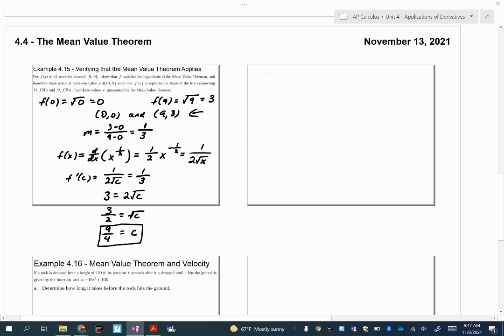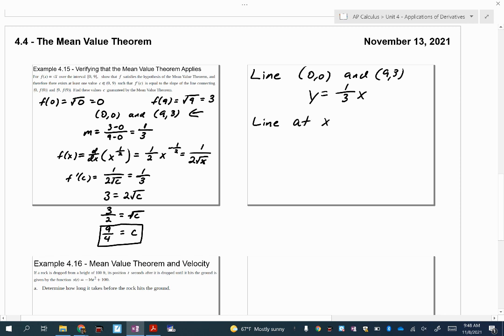So that line, (0, 0) and (9, 3), is y equals 1/3 x. You could write this as point slope form if you wanted to, but I know that since it goes through the origin, the y-intercept is 0. So now I have the line.